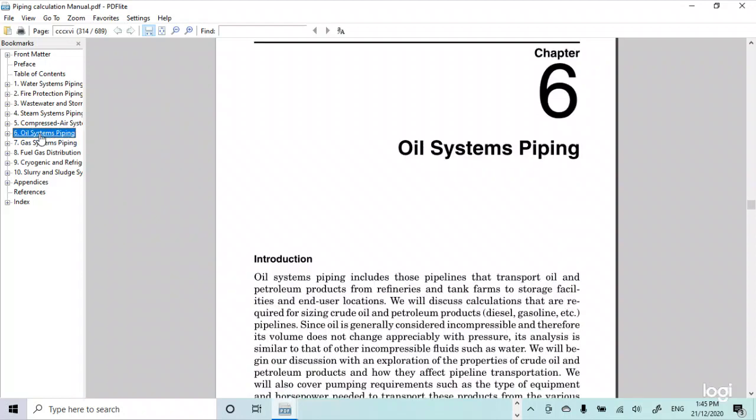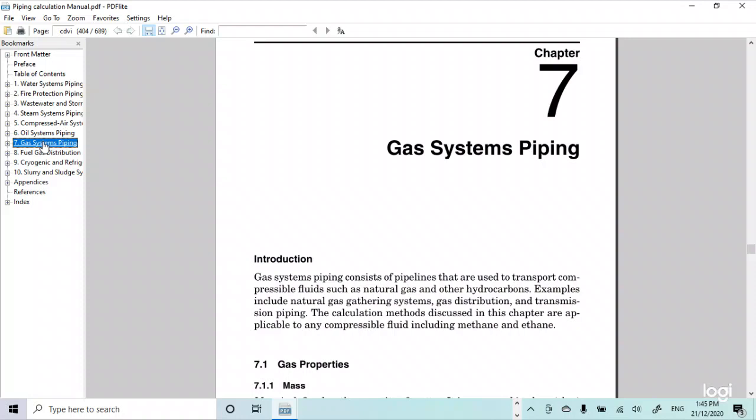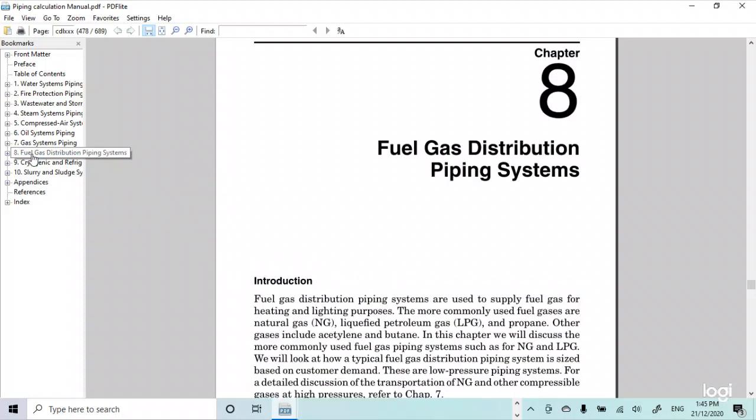In chapter 6 it explains the oil system piping. In chapter 7 you can see the gas system piping.